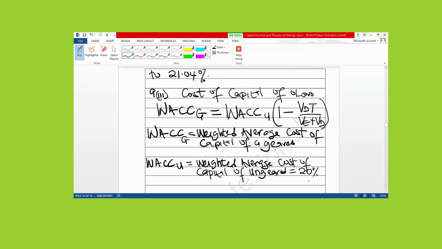Please notice somewhere, cost of equity of ungeared is the same as WACC of ungeared. You can write it down. Cost of equity of ungeared is the same as WACC of ungeared.